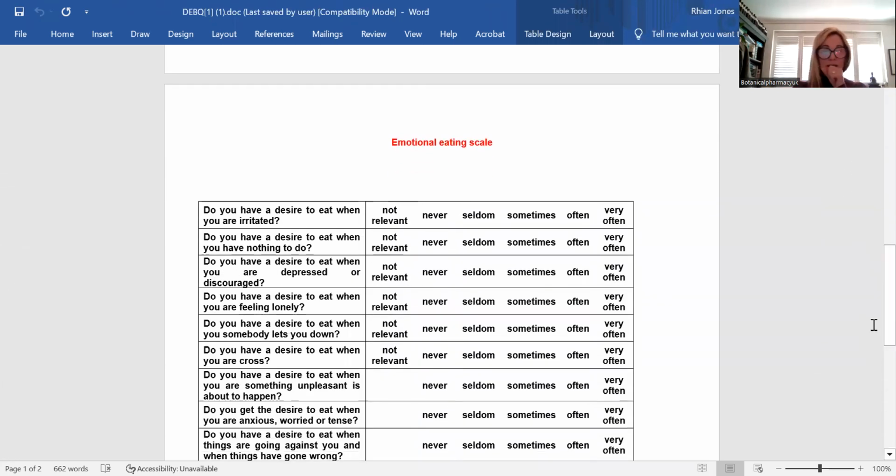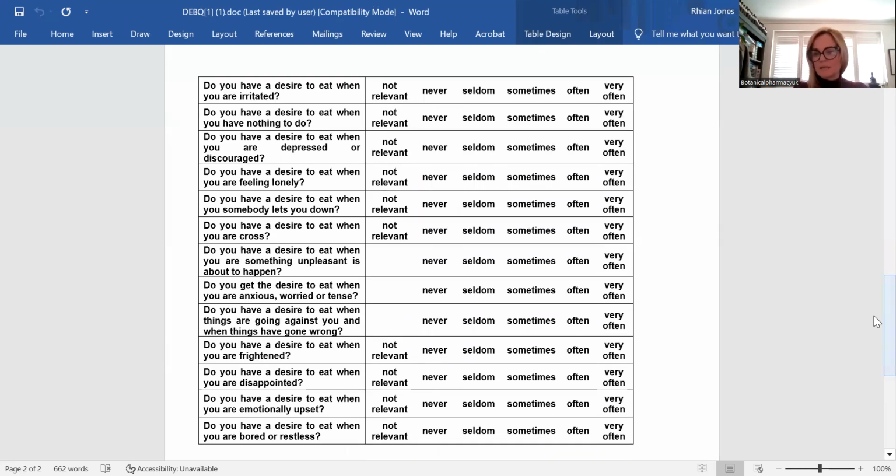Then we've got the really important section, which is emotional eating. Lots of people eat emotionally, from external cues that are emotionally driven. There's lots of work been done in this area, whereby individuals have a greater desire to eat when they're irritated, for example. If they're angry, they eat.